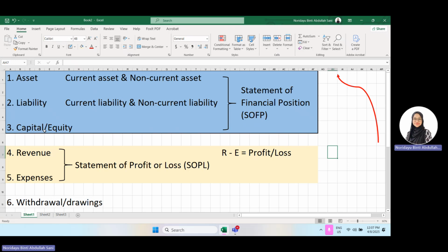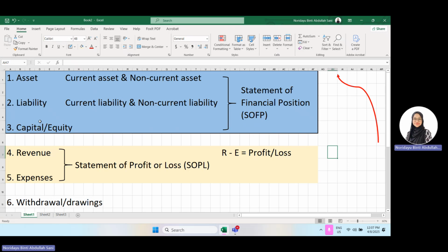For instance, I took the cash of the business and I want to pay my house electricity bill, utility bill. I want to pay for my kids' tuition fees. Paying kids' tuition fees is not related to business at all.